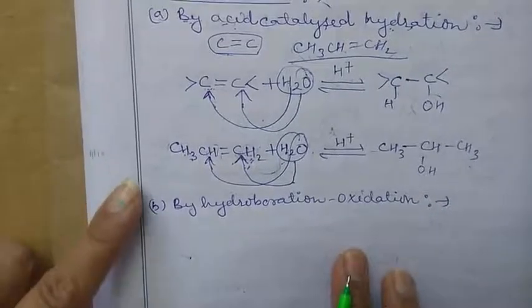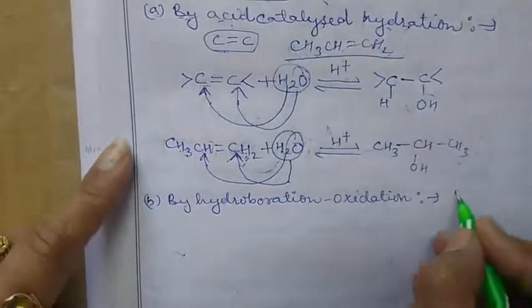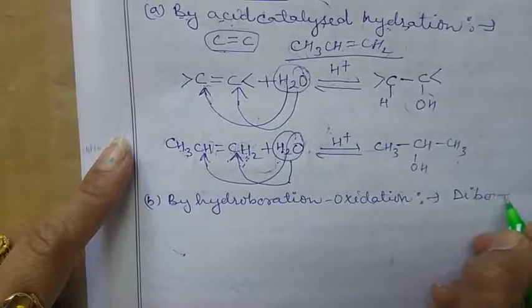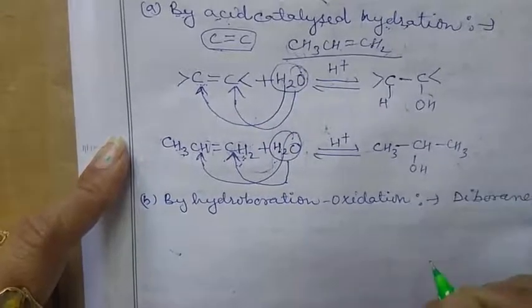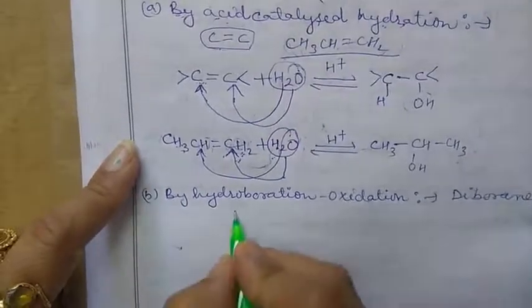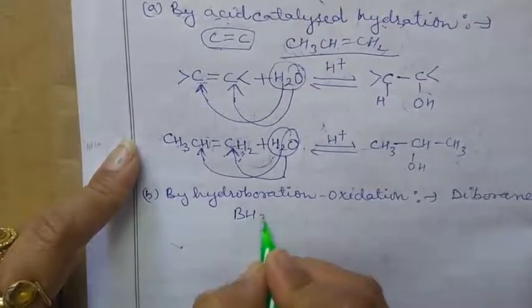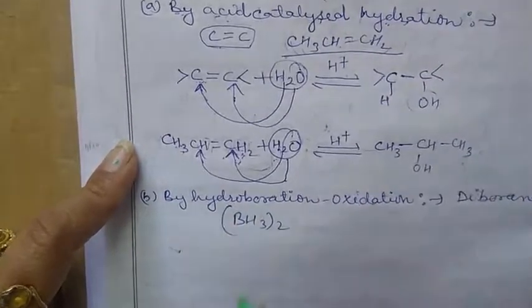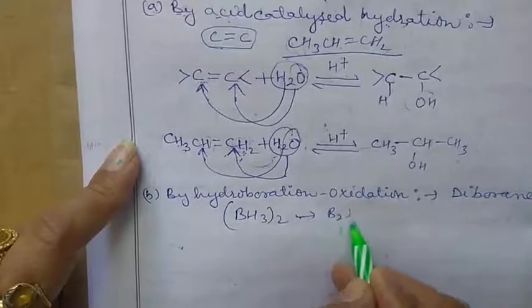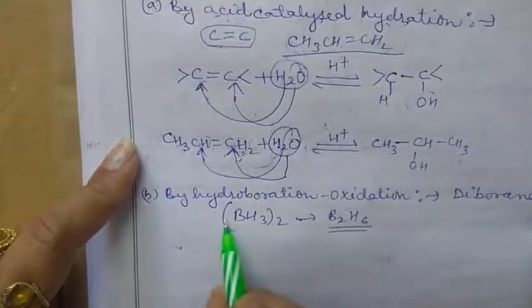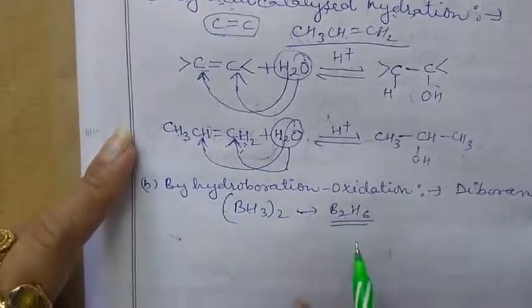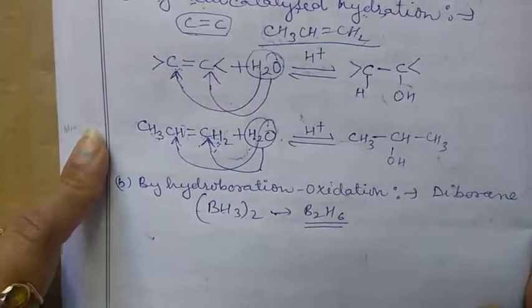This is another method, and this takes place with the help of diborane. What is the formula of diborane? That is (BH3)2, or we can say it as B2H6. This is the formula for diborane.